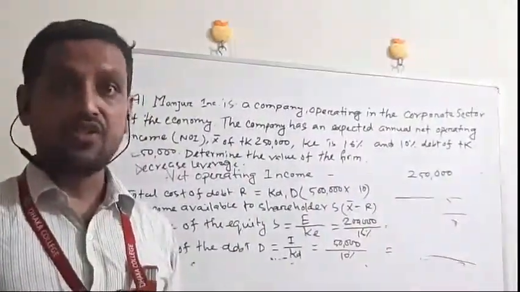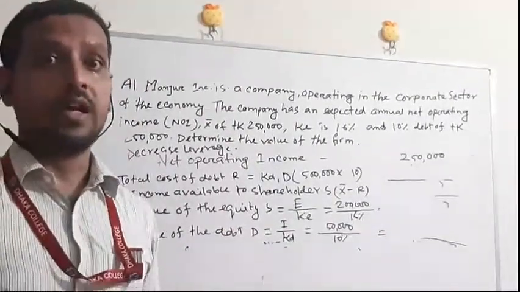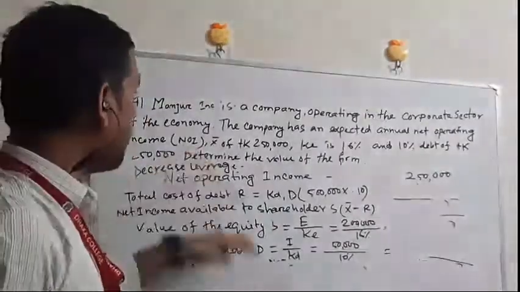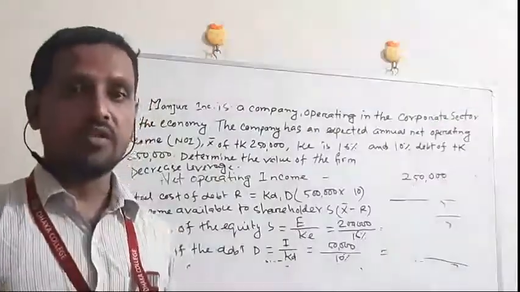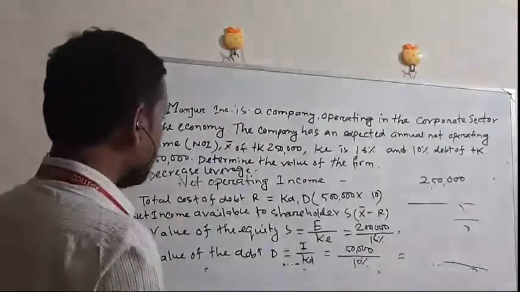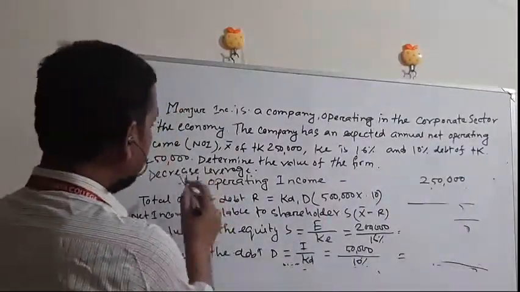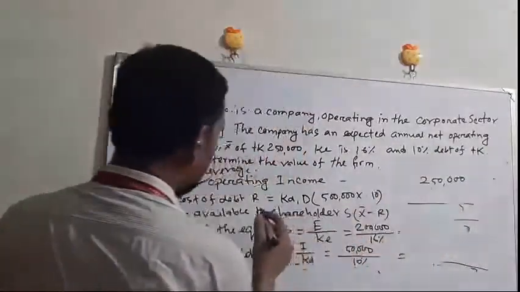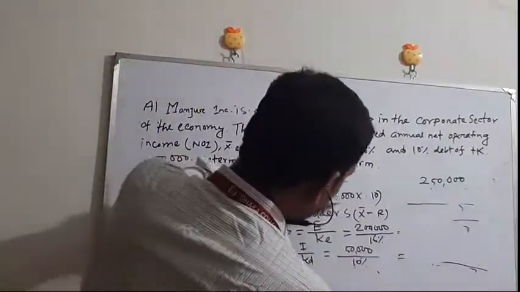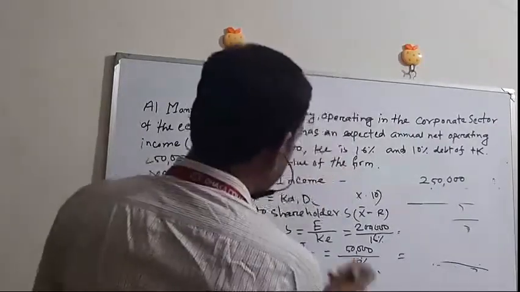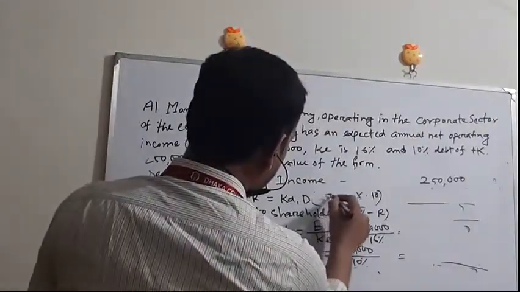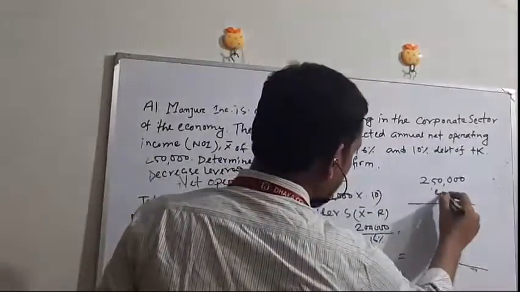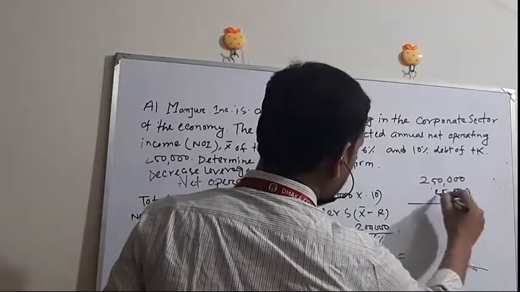Okay, we are changing the leverage, and we see the present situation of this firm. What is the present situation? Okay, dear student, here 2,50,000 taka, 10%. Here 5 lakh taka, 2,50,000 taka into 0.10, I mean 25,000 taka.